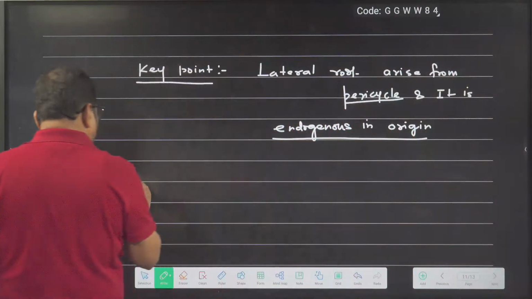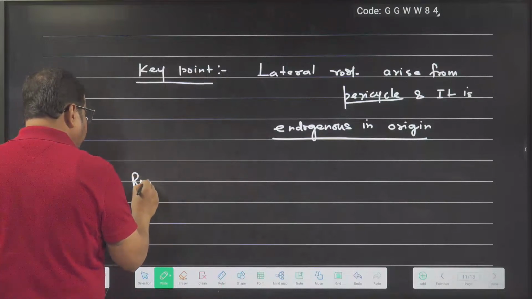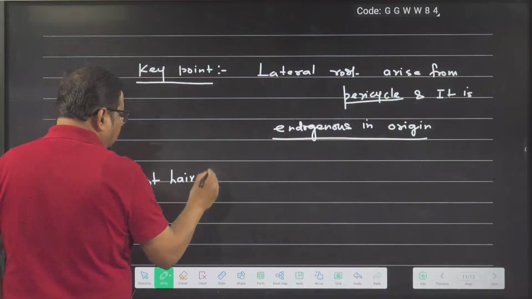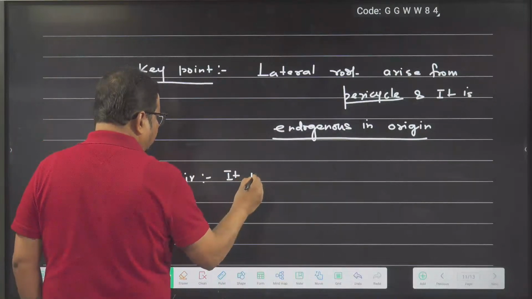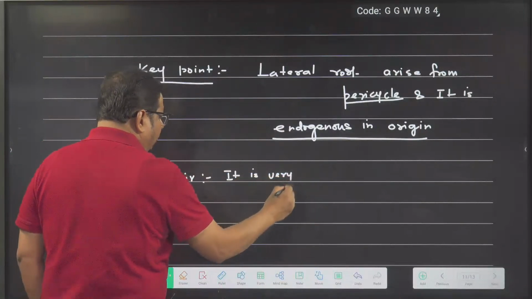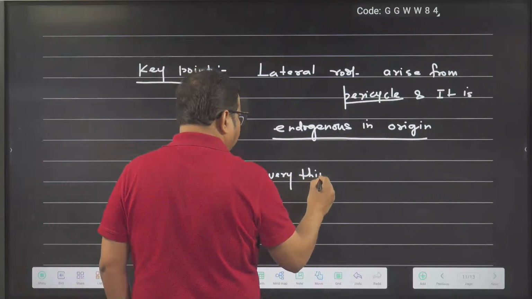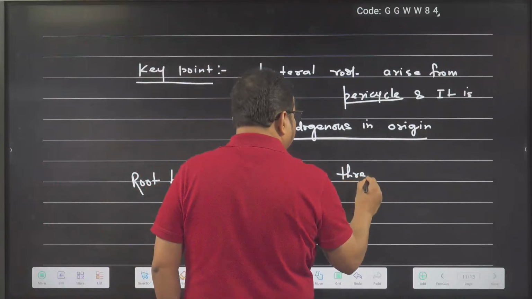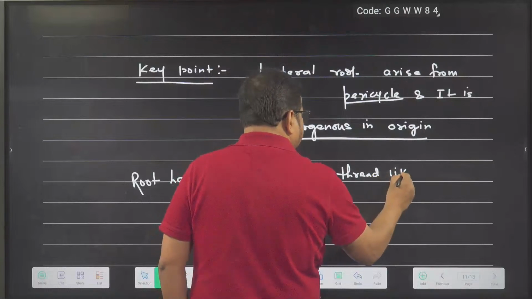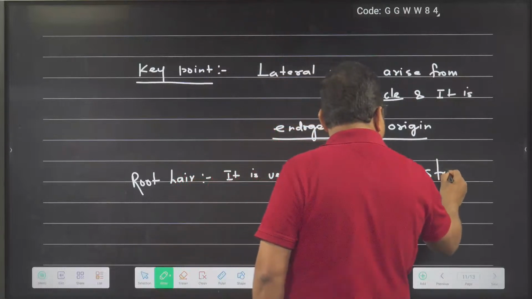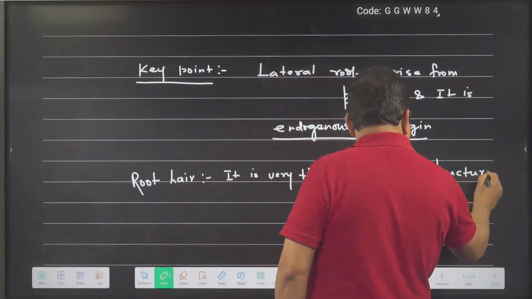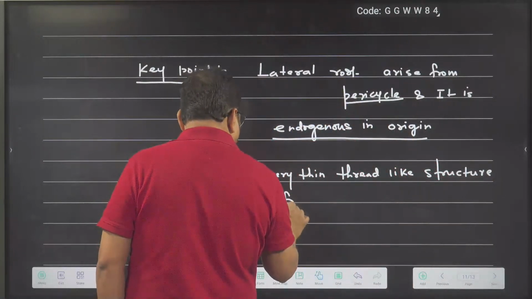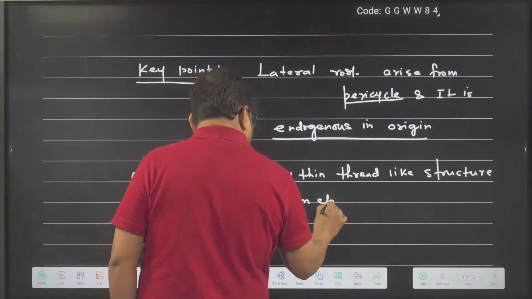Then I am writing about root hair here. It is a very thin thread-like structure arising from epidermis.